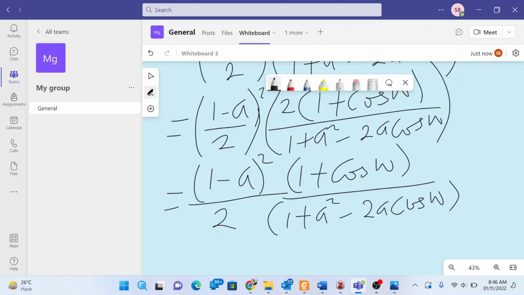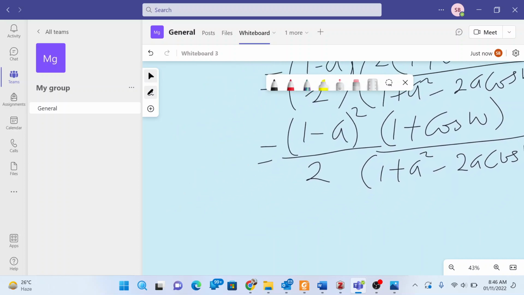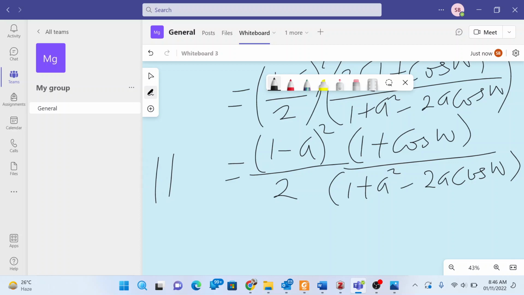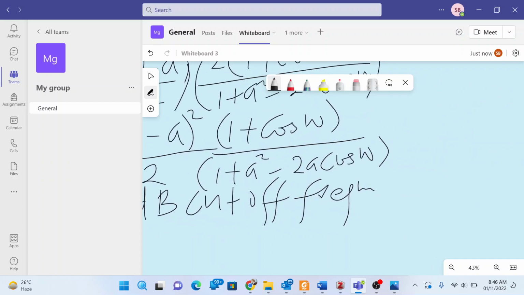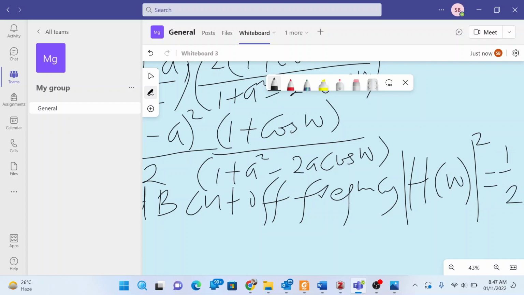So at the 3 dB cutoff frequency, H of omega squared is equal to 1 over 2. So that's what we are going to set this equal to.